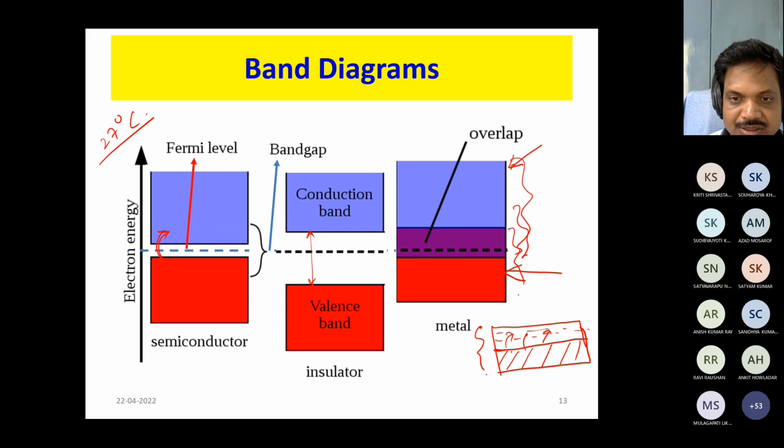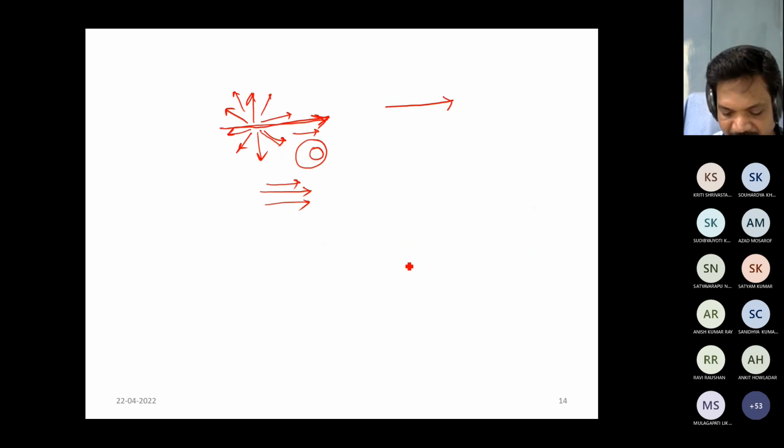Let me explain again here. Say up to this energy level, the electrons are completely occupied. If we consider this as the valence band energy, EV, then below this EV all the energy states are completely occupied. This is the valence band.